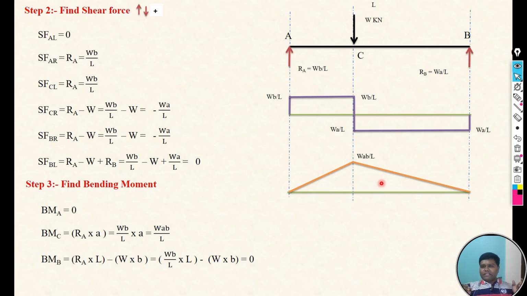The support reaction at A point is Wb by L, support reaction at B point is Wa by L. The maximum bending moment for the simply supported beam carrying eccentric point load is Wab by L. So just remember those formulas and the standard procedure to solve the shear force and bending moment calculations and draw the bending moment and shear force diagram.